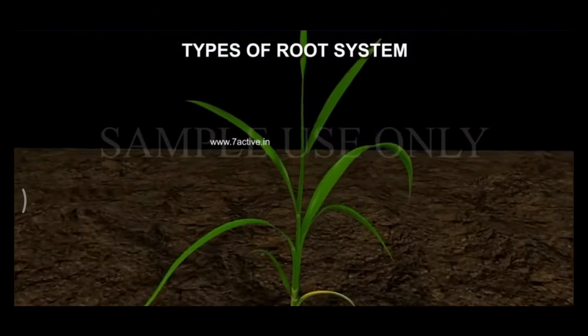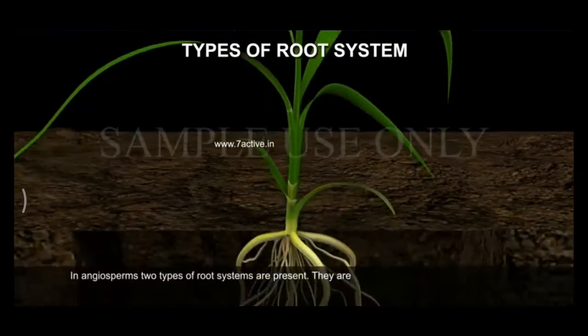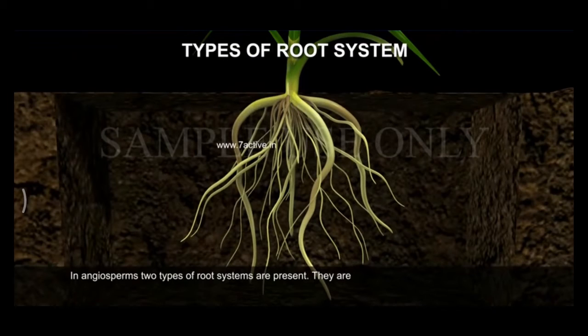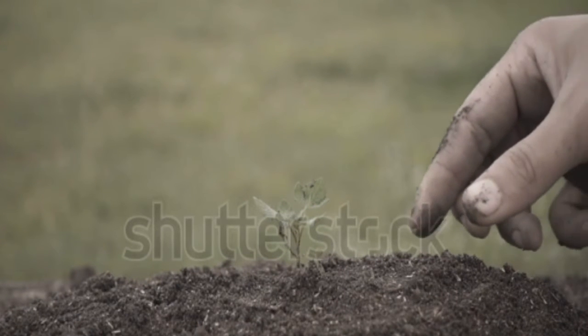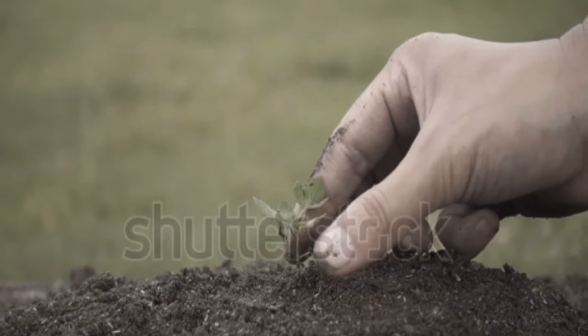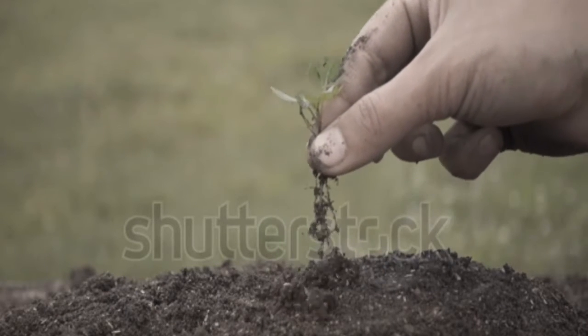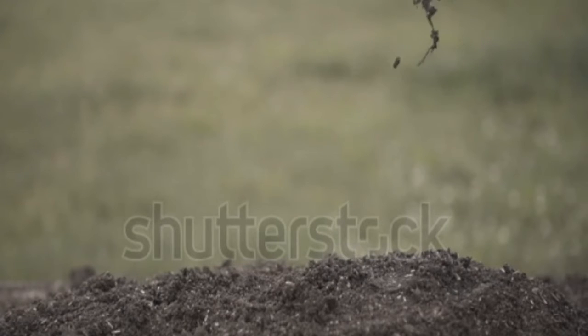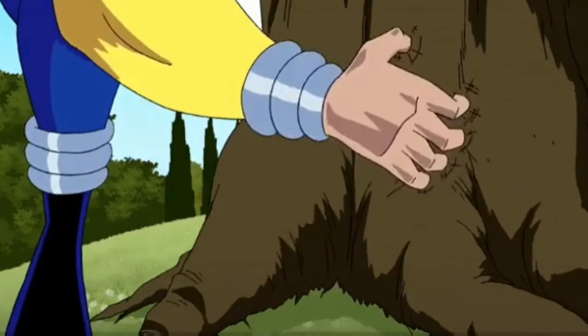First we have the part which generally grows under the soil, that is root. Try to take out any weed plant from the soil. Weed plants are unwanted plants, which grow without any purpose and are not useful. Just take that plant out from the soil and you will feel that it is not easy.